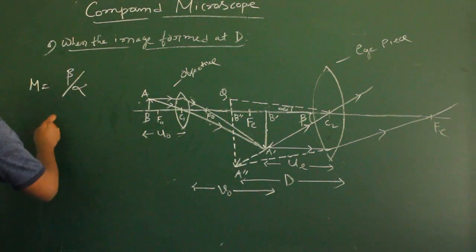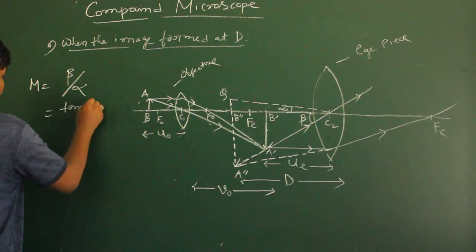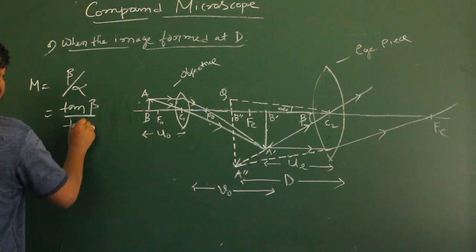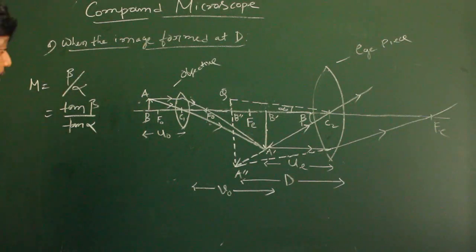Since beta and alpha are small, we can write M equals tan beta by tan alpha.